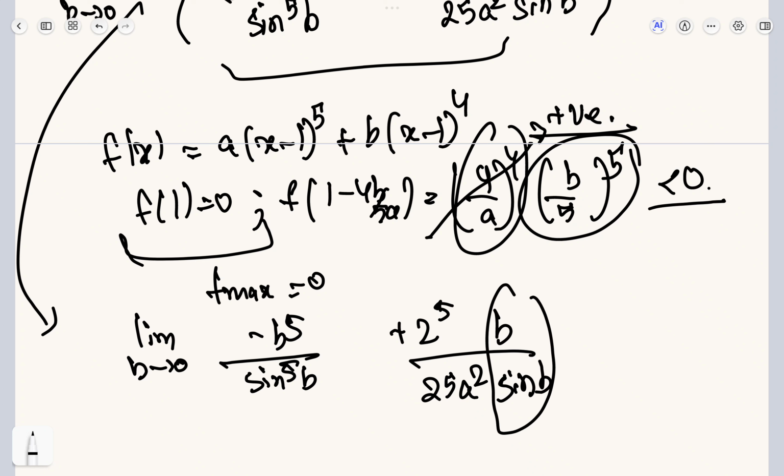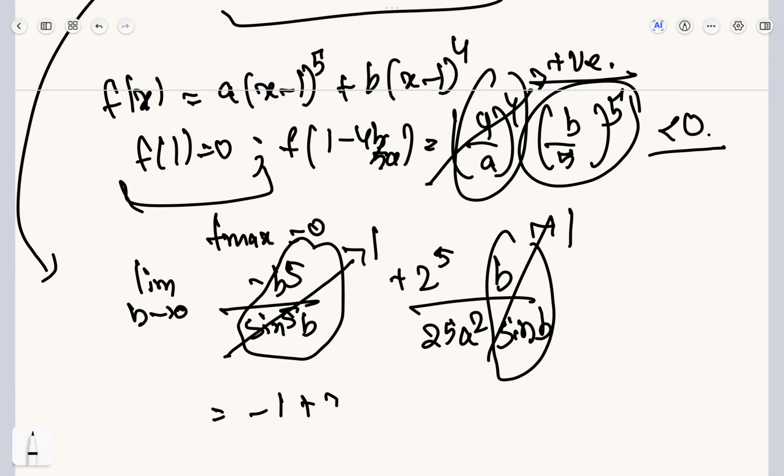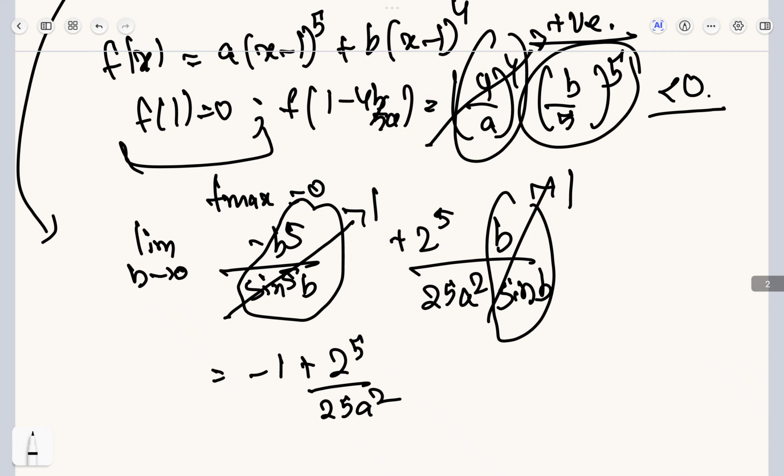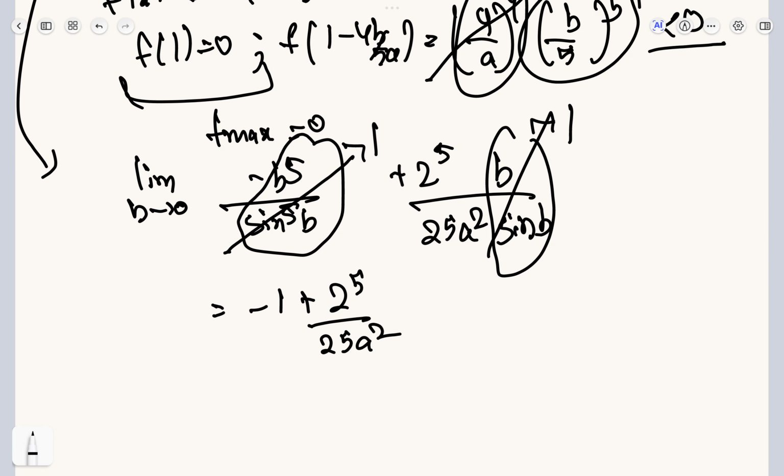So this is 1, and obviously this is 1. So minus 1 plus 2 power 5 by 25 a square. So this is my first L.